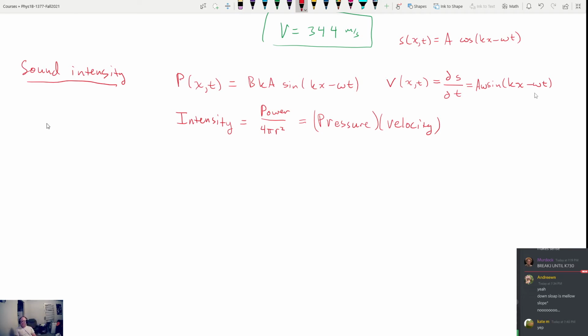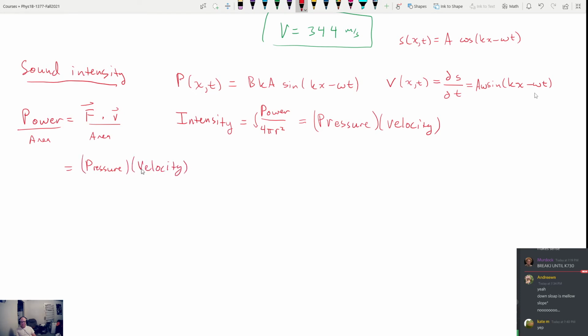So power, here's how we do it. Power is equal to force times velocity. Well, really dot product, but force velocity. So if I want the power over area to get intensity, I divide both sides by area. Well, force over area is pressure times velocity. Okay, it makes sense.